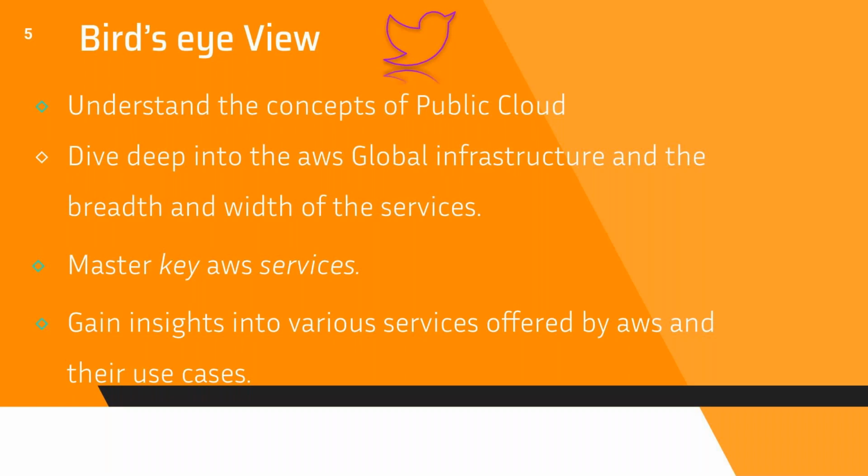We're going to understand what public cloud is and all that. Of course, this course is more about AWS, so we'll understand what the AWS global infrastructure looks like, and what the various services, use cases, pricing, and all these things are.